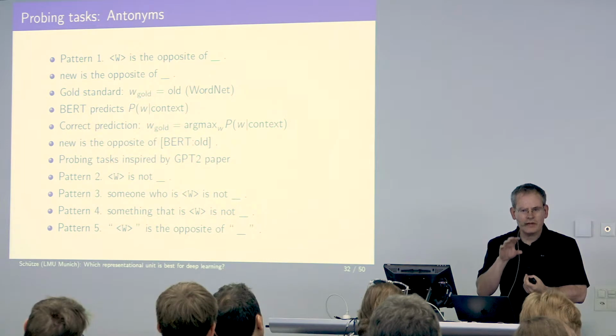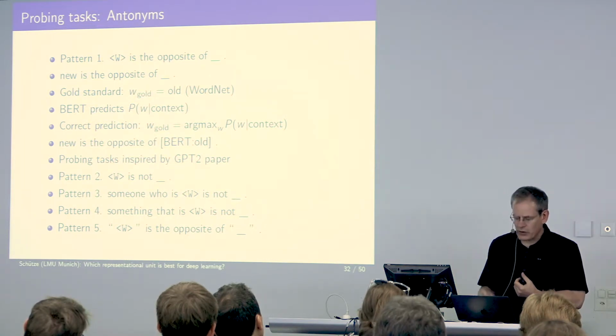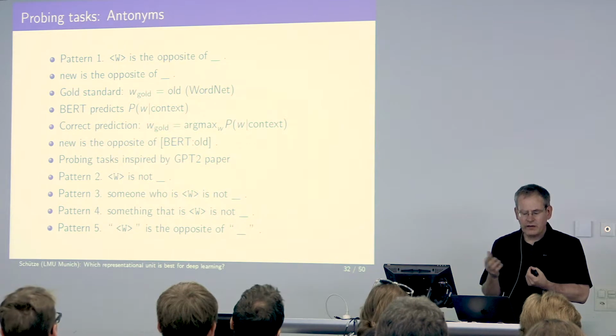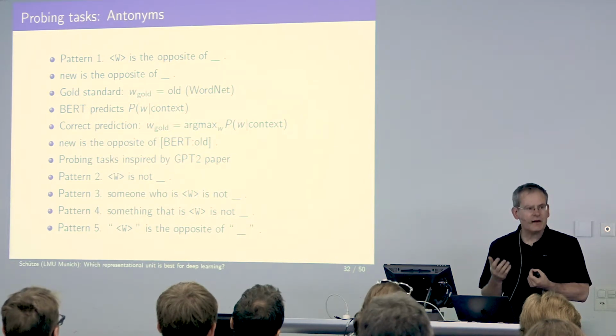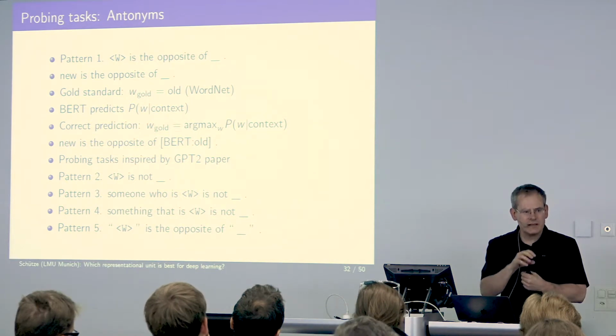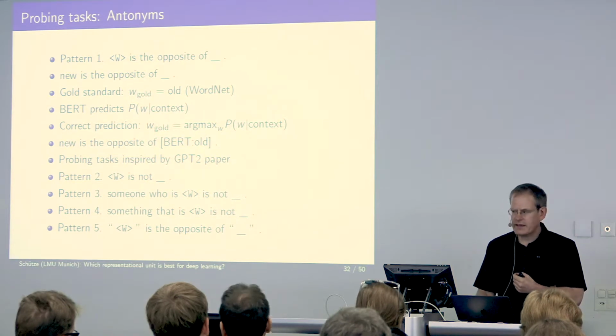What we really want to know is, has BERT understood the word new? So we always choose the best result over all of these patterns. And of course, if for one of these patterns BERT does find the correct word, then it must have understood the meaning of new, at least this aspect of the meaning of new. So that's our basic assumption in setting it up this way.